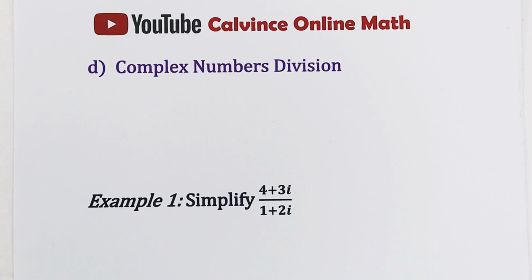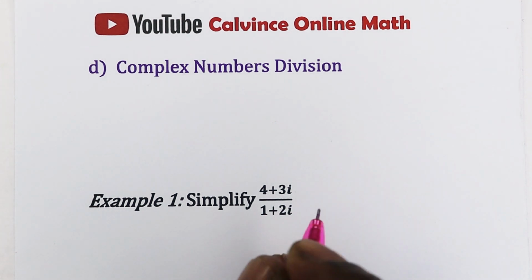So in this video, we're going to learn how to divide complex numbers. To perform complex division, or division between two complex numbers, you use what we call the conjugate of a complex number.